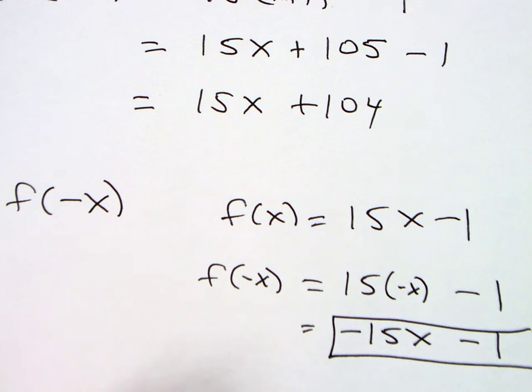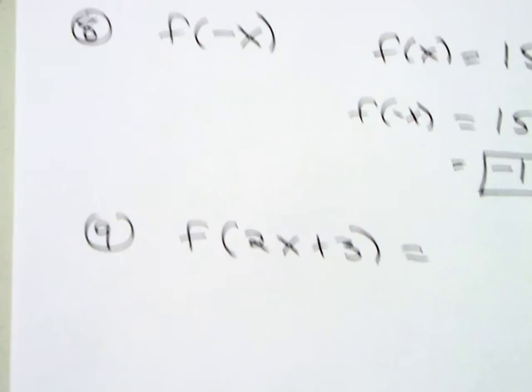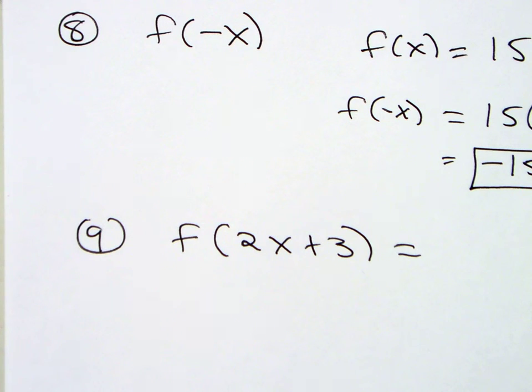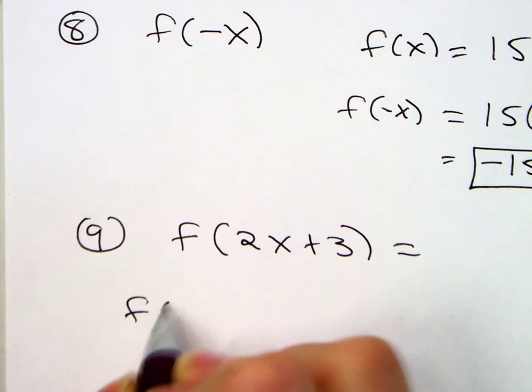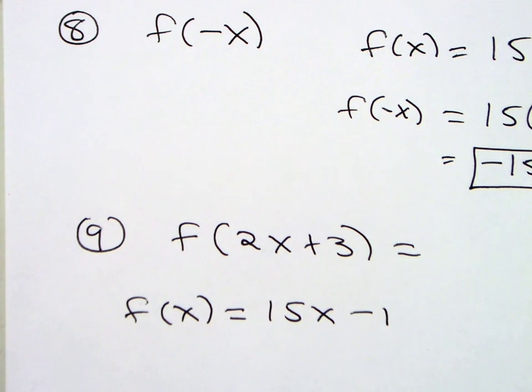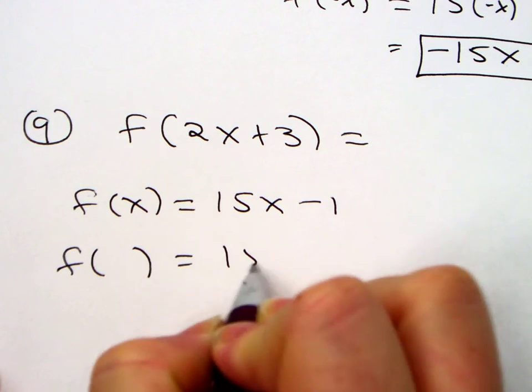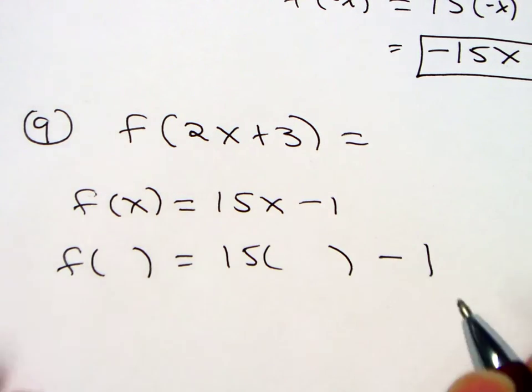All right, last one. Try this one on your own. F of 2x plus 3. Can you see what I'm doing? All right, try that one on your own. Again, remember, we have 15x minus 1. Pause the video. Do it. Parentheses minus 1.